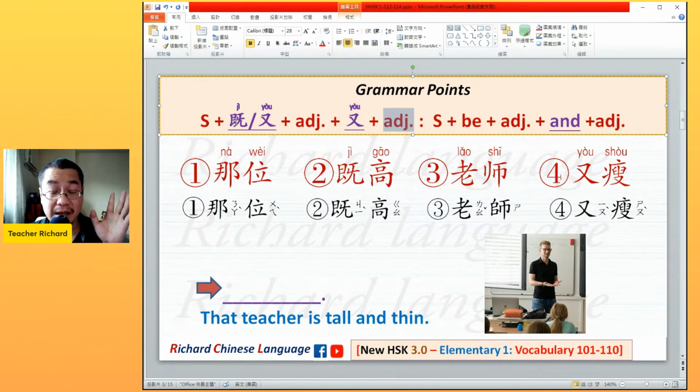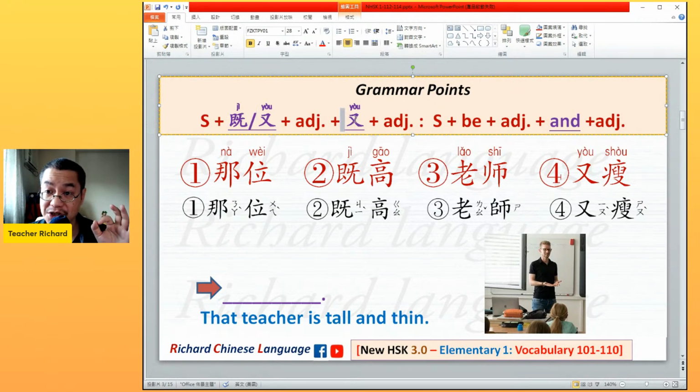And remember, the first 既 you can replace with 又. So you can also say 又 adjective, 又 adjective. Either one is good. You can say 既 adjective, 又 adjective, or 又 adjective, 又 adjective. Understand?